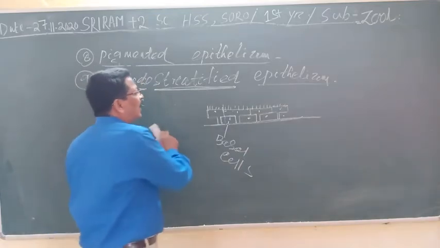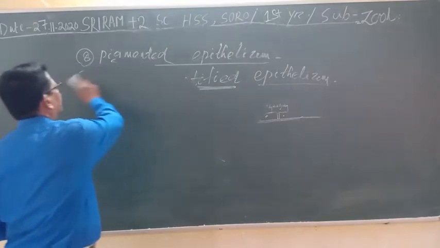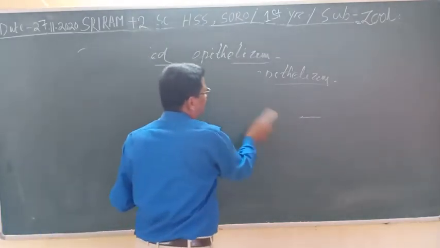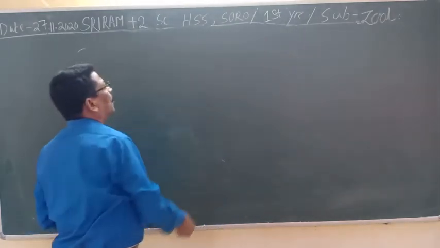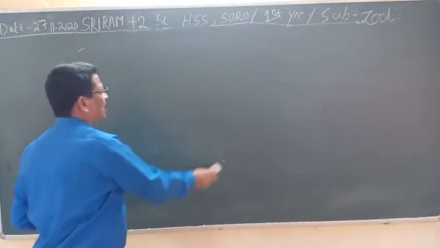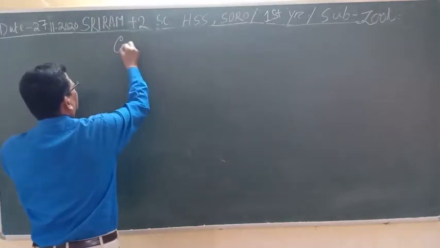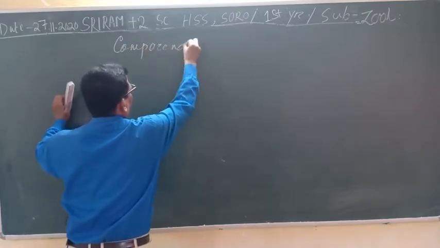So this is all about the simple epithelium. So the simple epithelium is completed. Then after that you come to the compound epithelium. Clear?